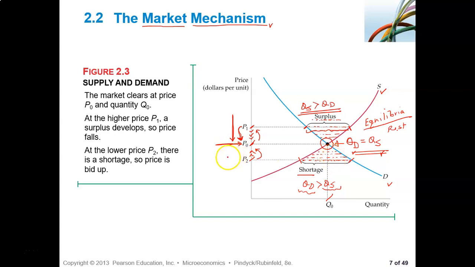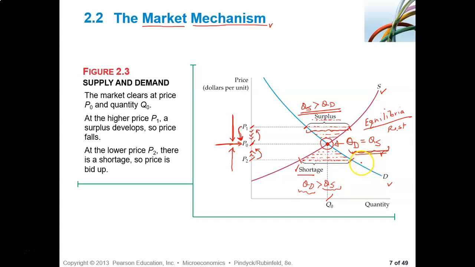As long as demand is higher than supply, as long as we are at any point below that P0 equilibrium, there will be pressure on price to increase. But the moment we achieve that P0 equilibrium, the shortage is completely eliminated. See, demand equal to supply, there is no more shortage here.